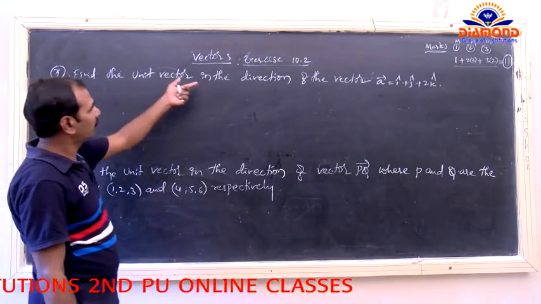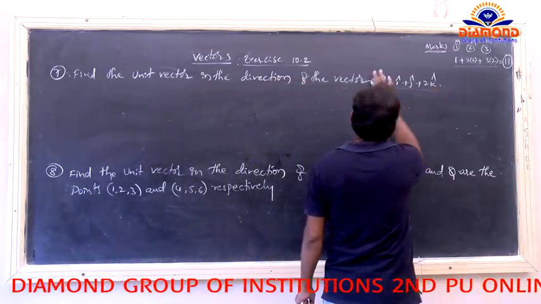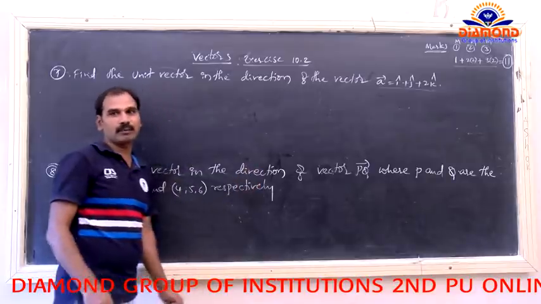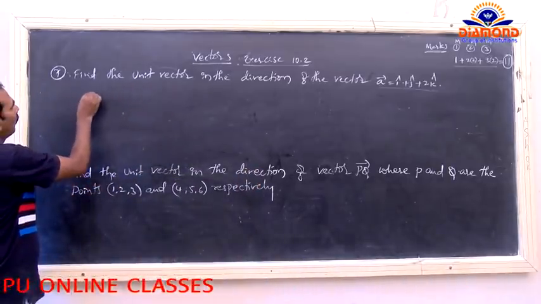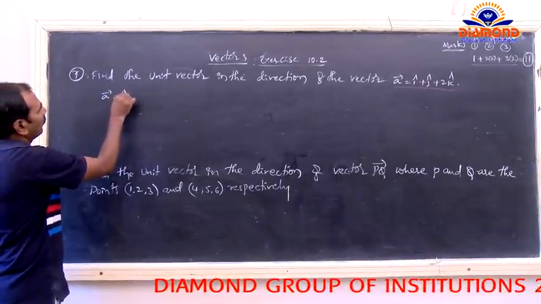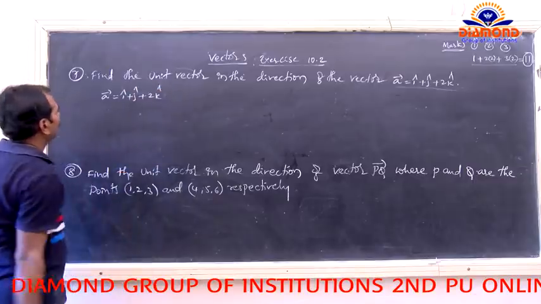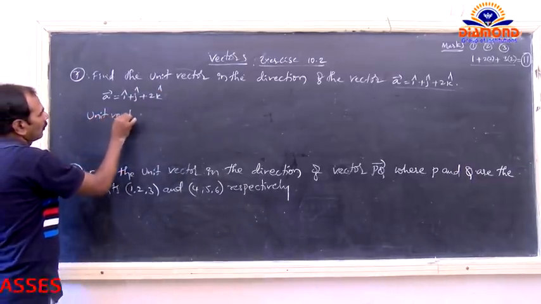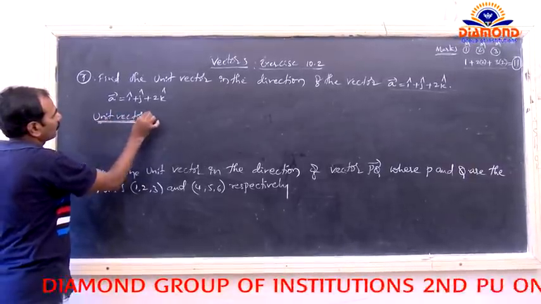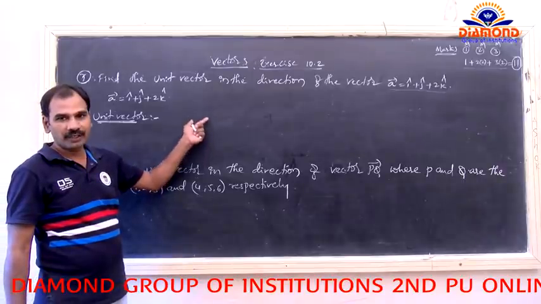Find the unit vector in the direction of the vector. This question and the sixth example are also done the same simple way. So A bar equal to i cap plus j cap plus 2k cap. Unit vector means vector divided by magnitude.